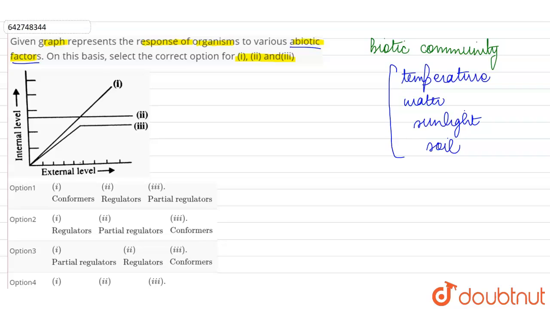But there are different approaches that living organisms can take to the changing environmental conditions. So some of the living organisms we see, they're not able to maintain a constant internal environment. So what is going to happen in such organisms?